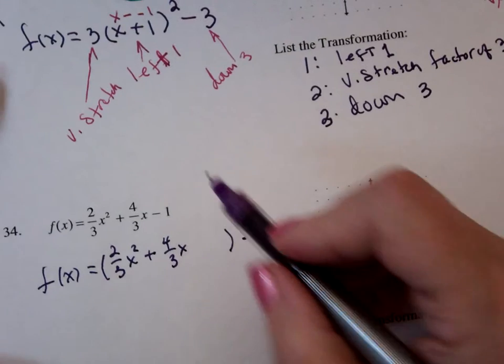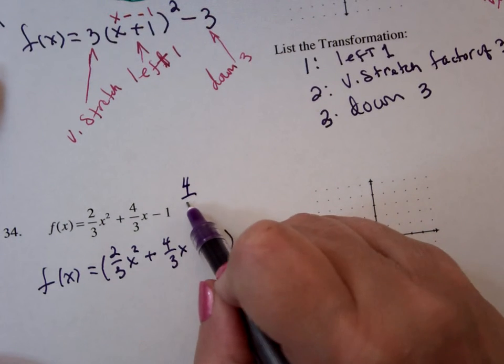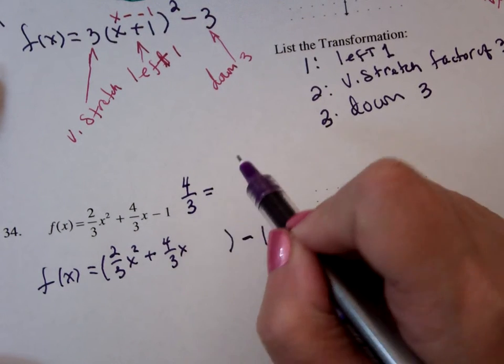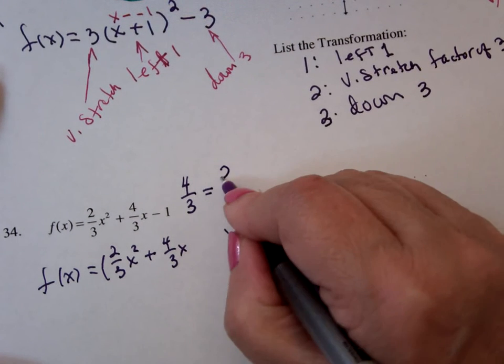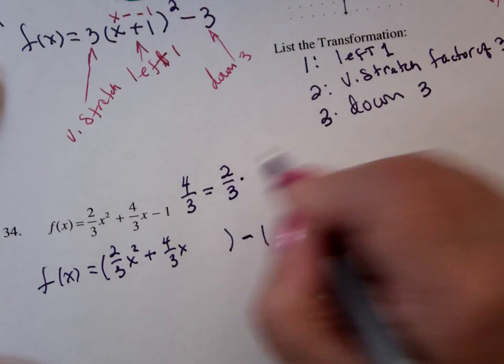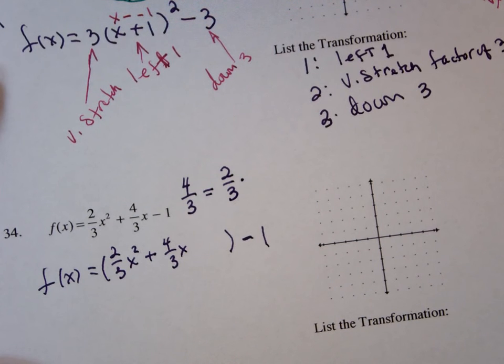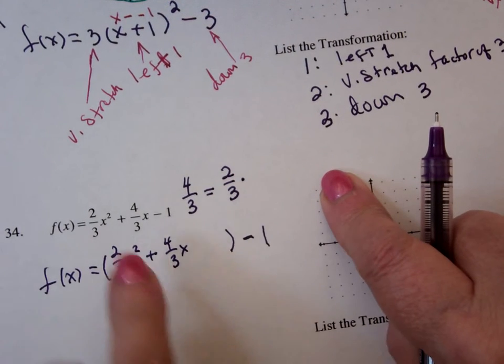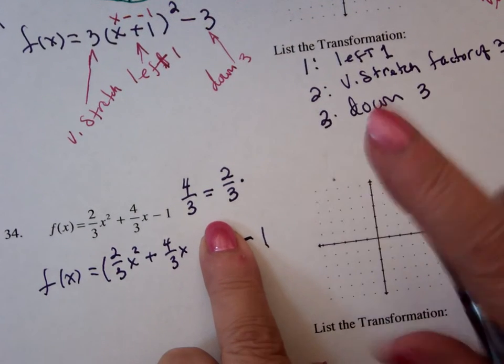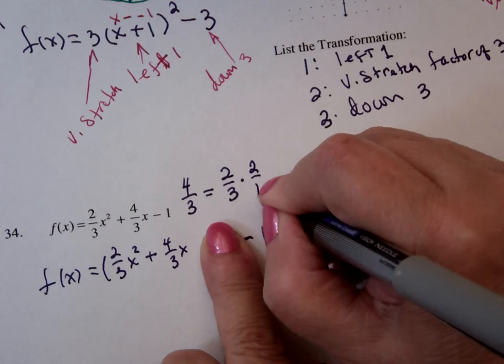I notice that 4/3 can be written as, the coefficient here is 2/3 times what number? 2/3 times what is equal to 4/3? 2, yeah. So this would be 2/1.